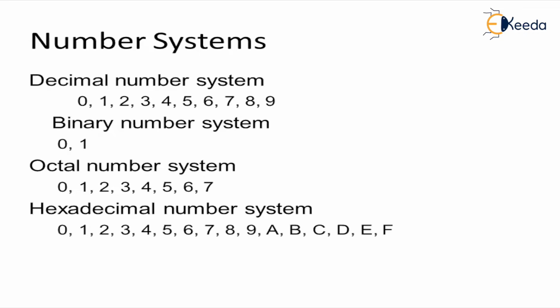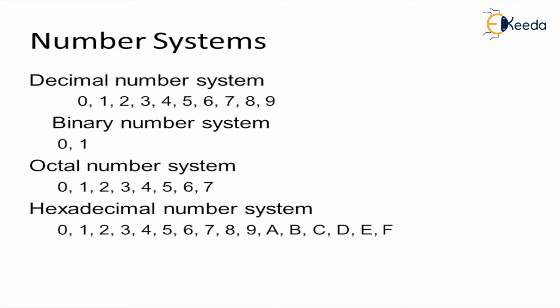So what do you understand by a number system? The number system has been divided into the decimal number system, binary number system, octal number system, and hexadecimal number system. The decimal number system is represented in the form of 0 to 9. The binary number system is represented in the form of zeros and ones.